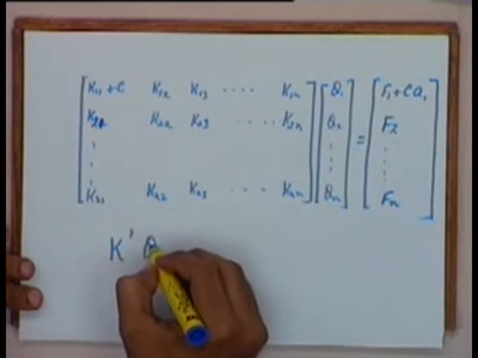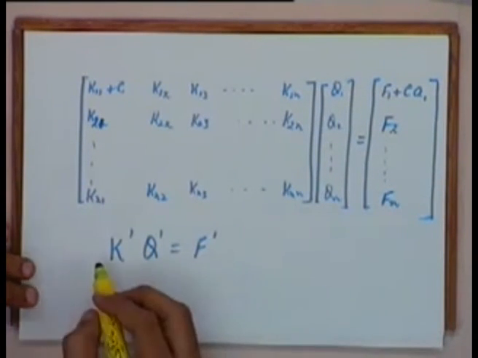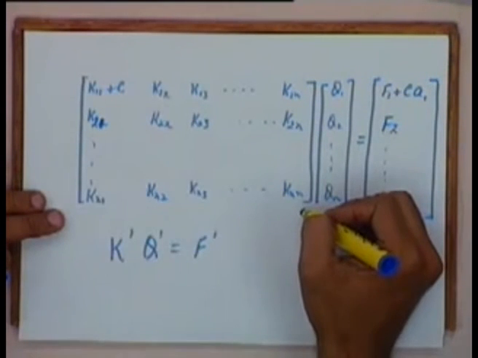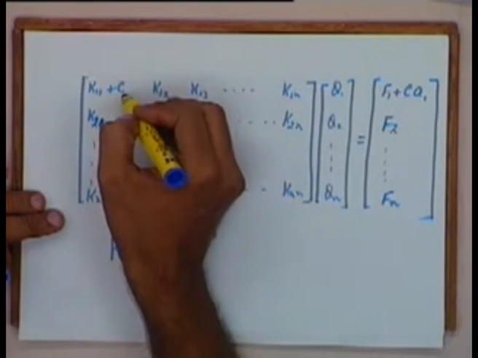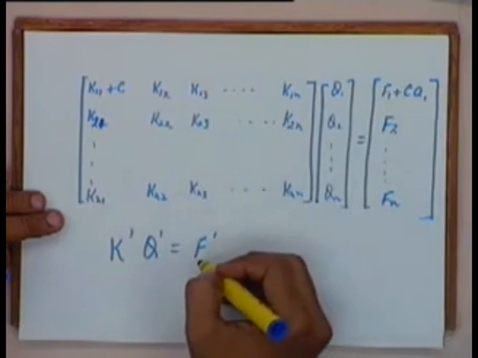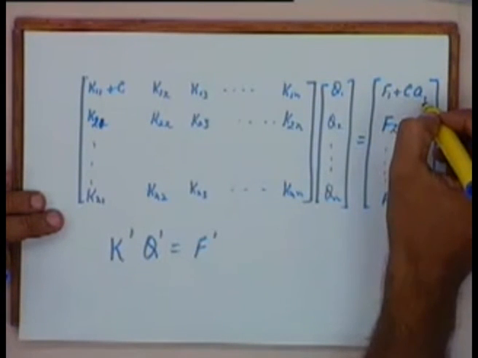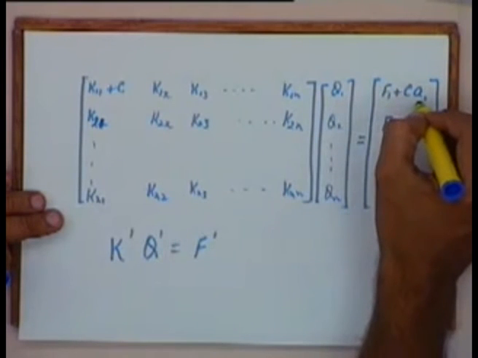K prime q prime will be equal to f prime, but now k prime is obtained by taking the same n by n matrix, but in the diagonal element I am just adding the stiffness of the spring that I have taken, C. And f prime I am getting by just adding C times A1 in the first location.